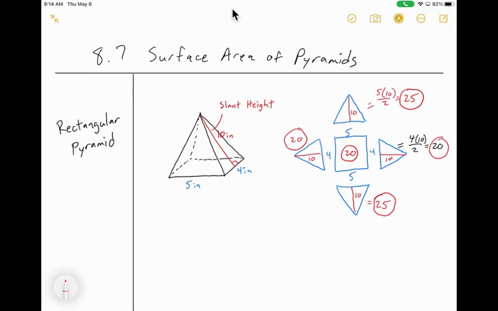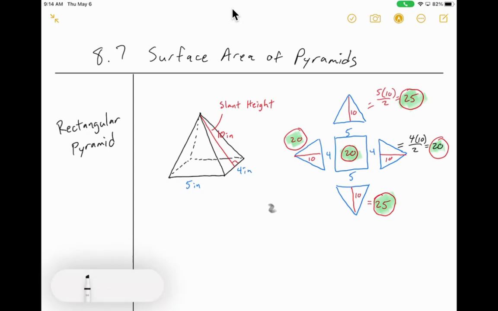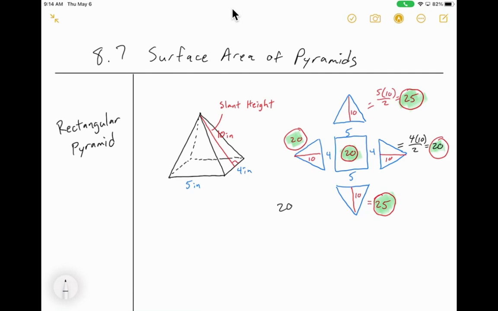Okay, so can we add up all those numbers that I have circled there in red, or I'll even make it a little easier. We'll highlight. So I got 20 and 20. My inside is 20. My top triangle is 25. The bottom triangle is 25 also. Just add them all up. So I've got 20 in the middle, and then I've got 25 on the top, 25 on the bottom, 20 on the left, 20 on the right.